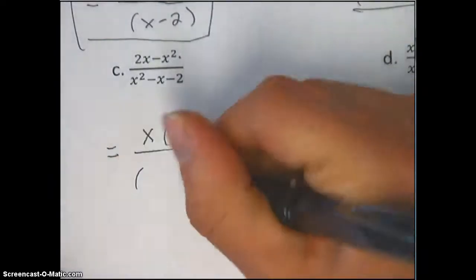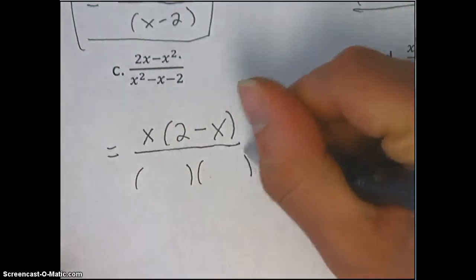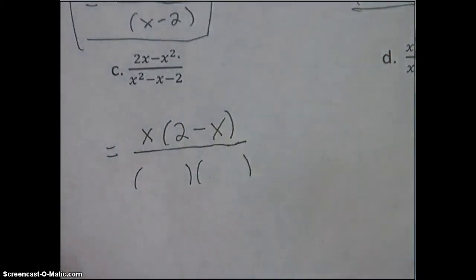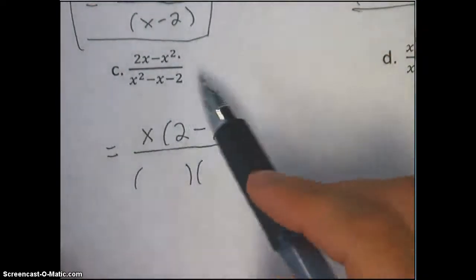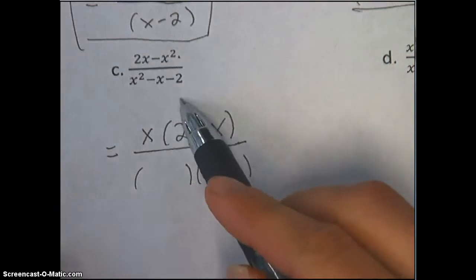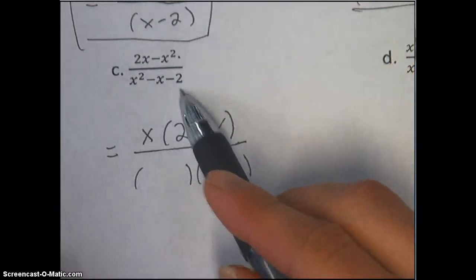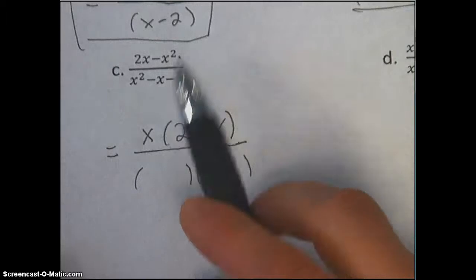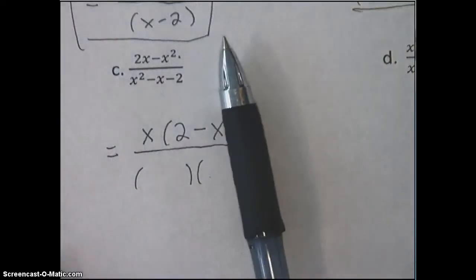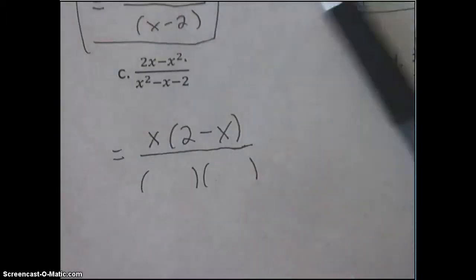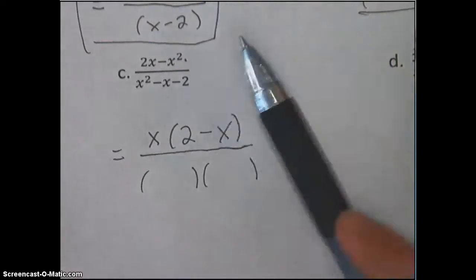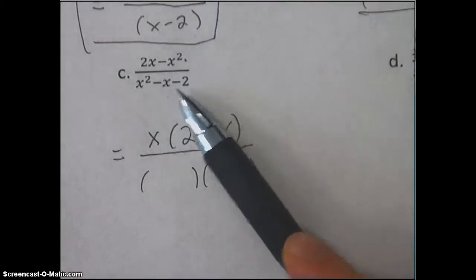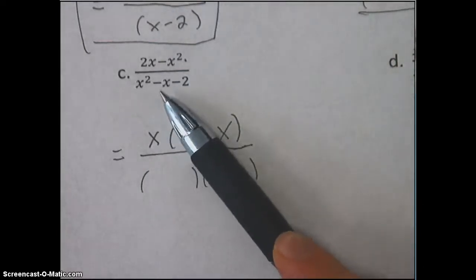I need to factor the bottom as well. And I am looking for two numbers that multiply to negative 2, but add to negative 1.